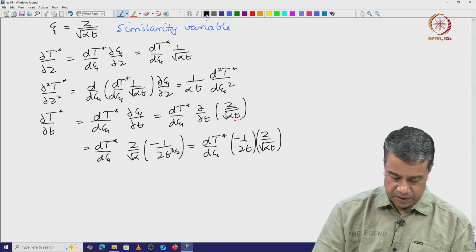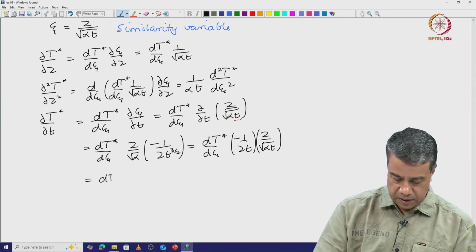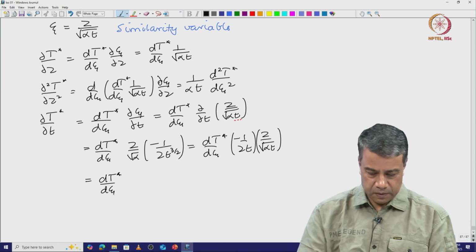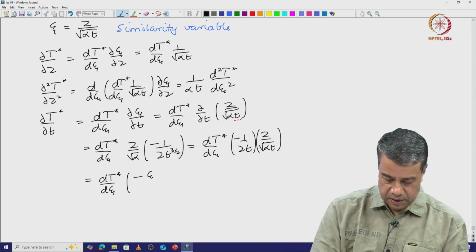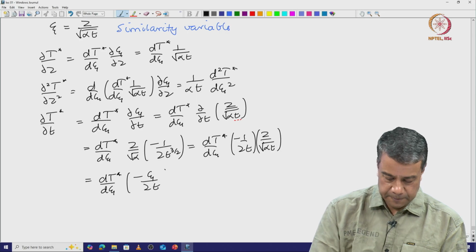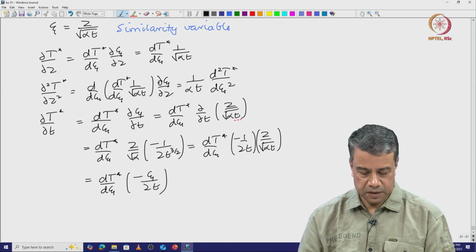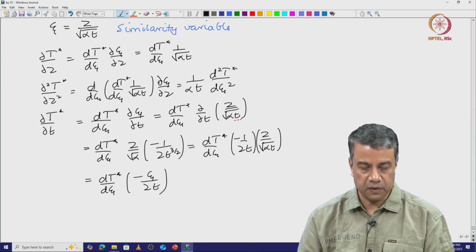So, this will be equal to dT by d psi into minus psi by 2t. That is what you get by differentiation by chain rule for all the terms.